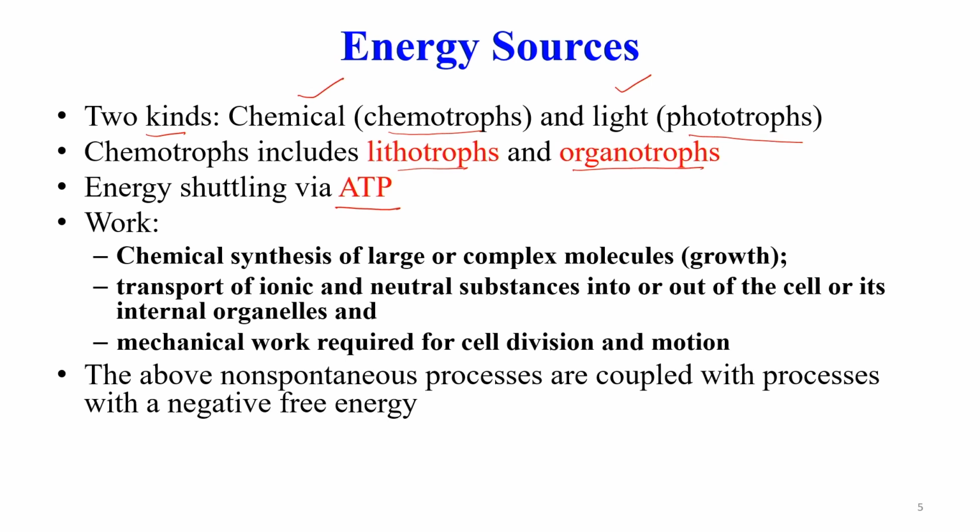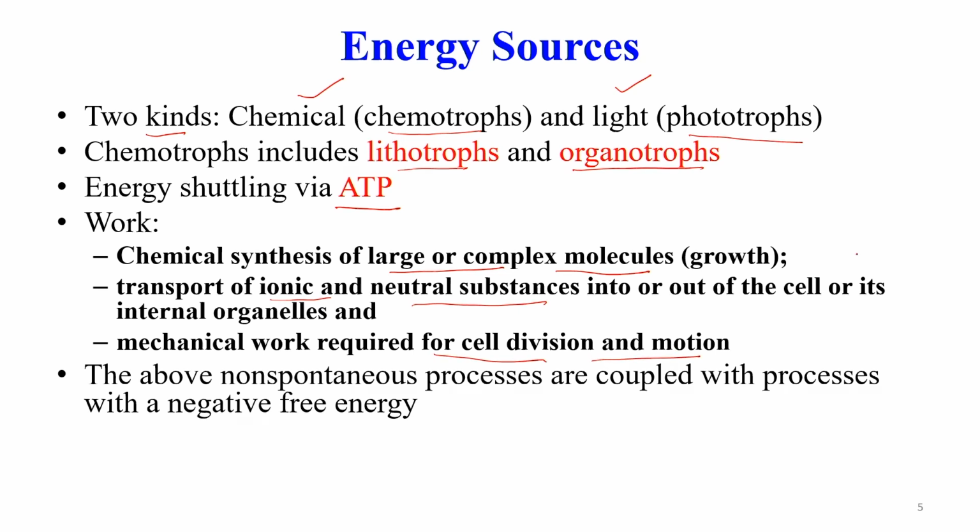Once we take the energy, it needs to be converted to work. So, what work is being done? First is chemical synthesis of large and complex molecules for growth; second, transport of ionic and neutral substrates, which may be against a concentration gradient; and mechanical work required for cell division and motion.